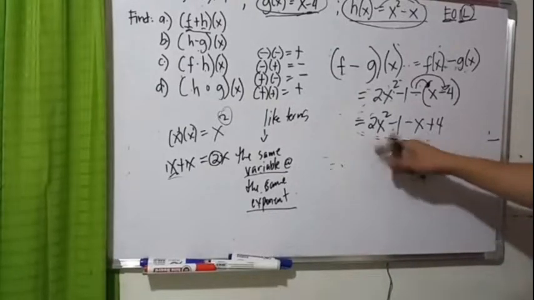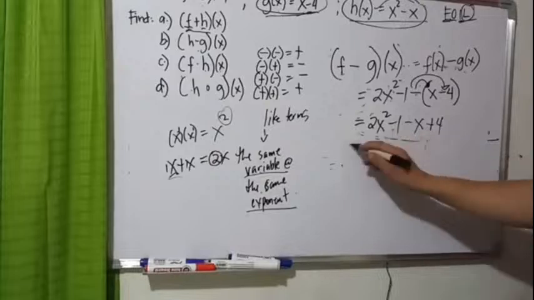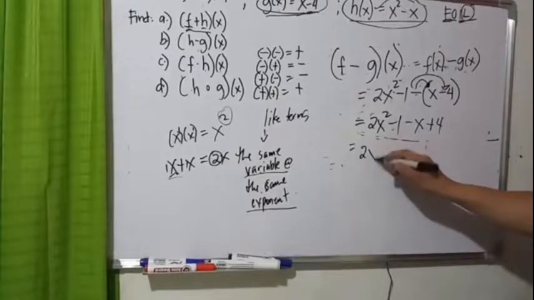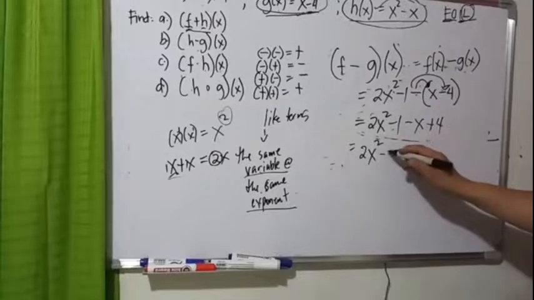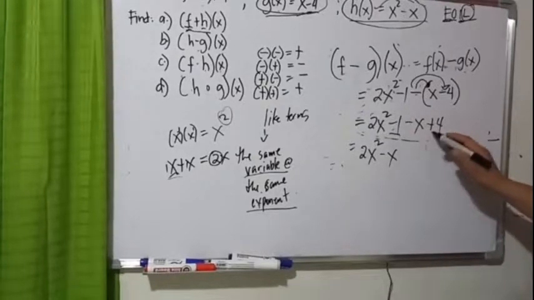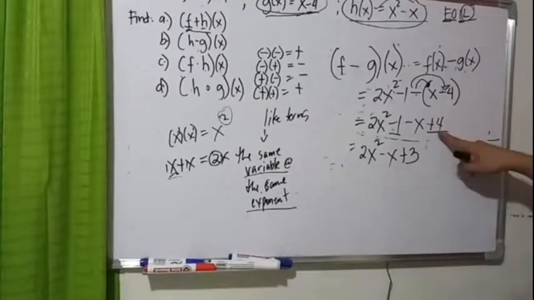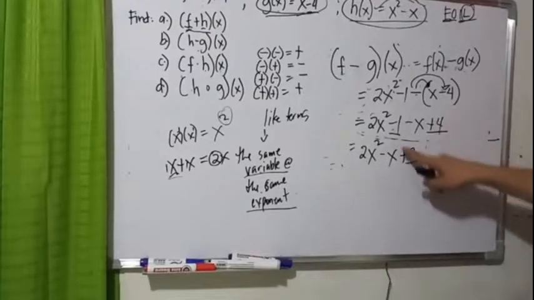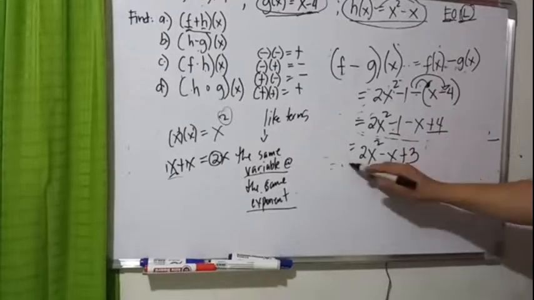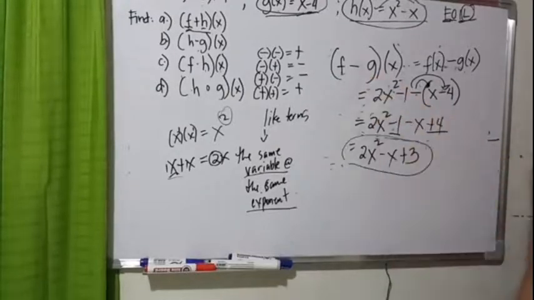Then combine like terms: 2x squared, then minus x, then negative 1 plus 4, so that is positive 3. So 4 minus 1 is positive 3. So that is F minus G times X.